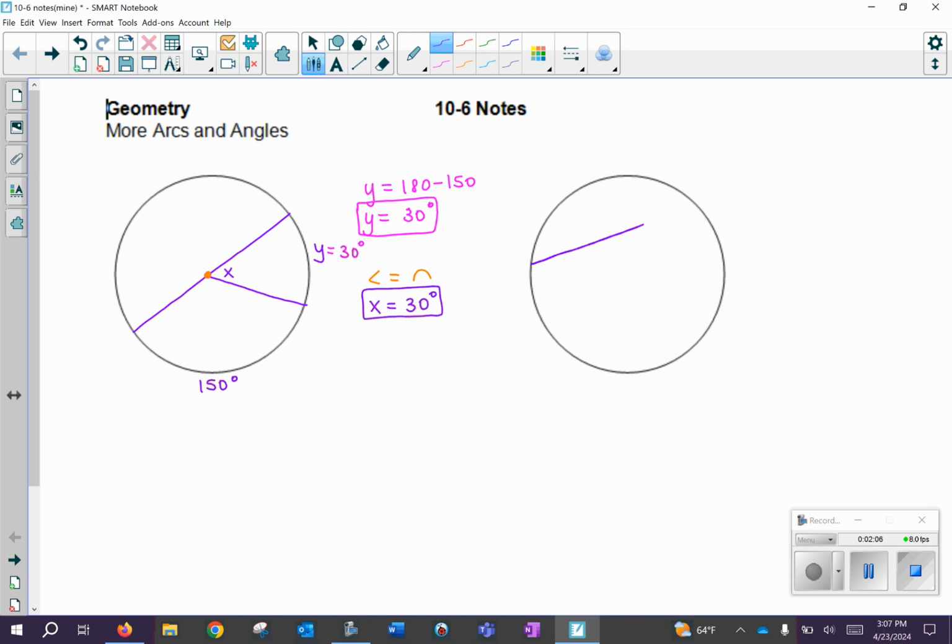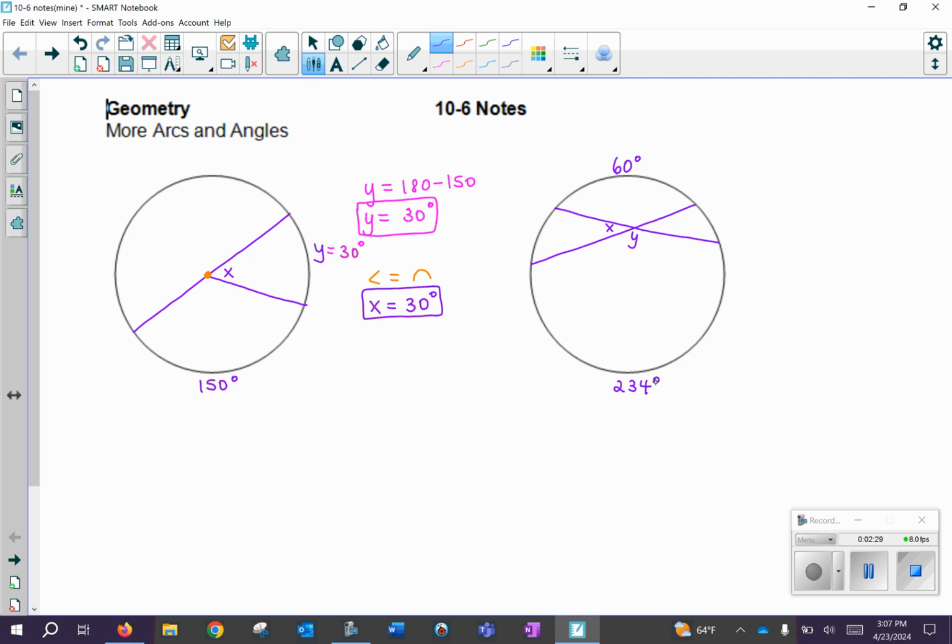Okay, don't forget this. A segment that joins 2 points on a circle is called a chord. So I'm drawing 2 chords. We'll put 60 degrees here, x here and y there, and also 234 degrees for this piece.